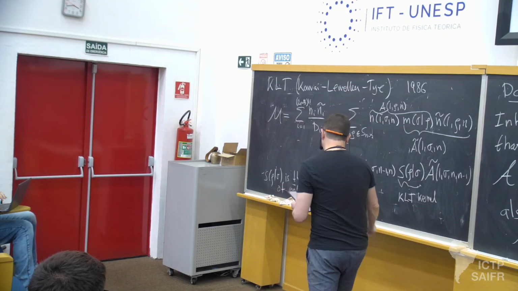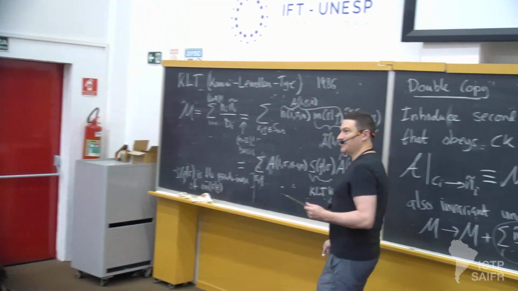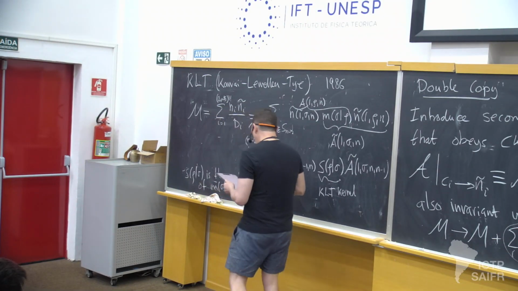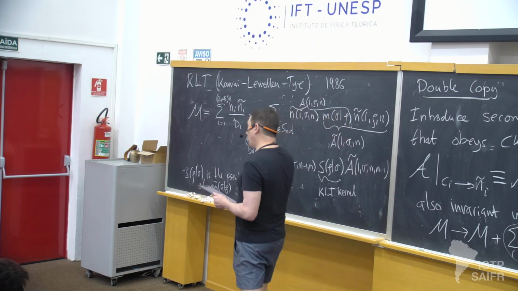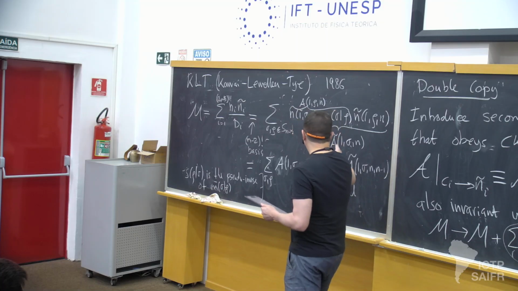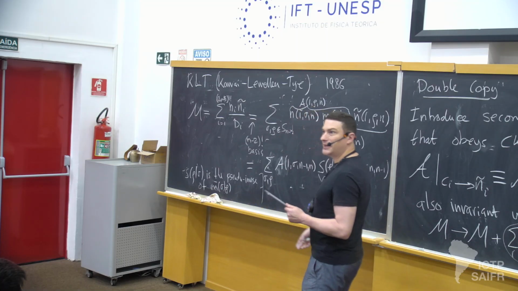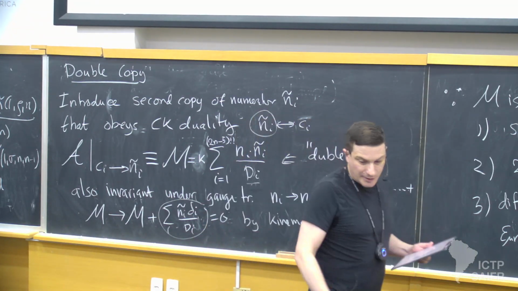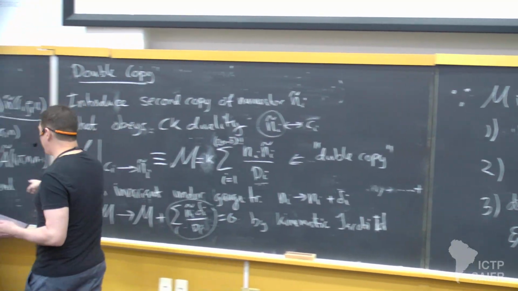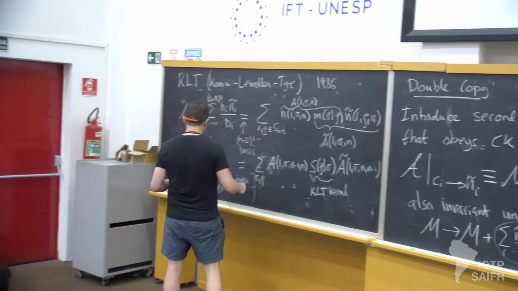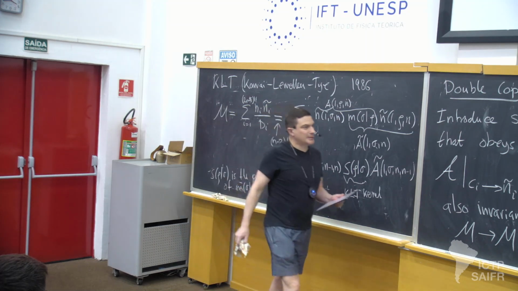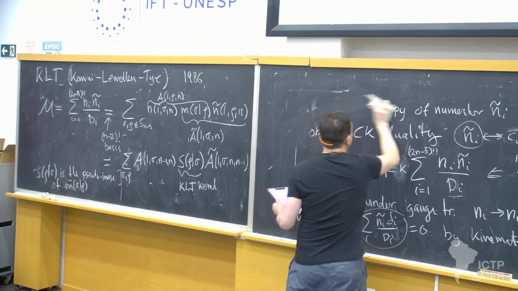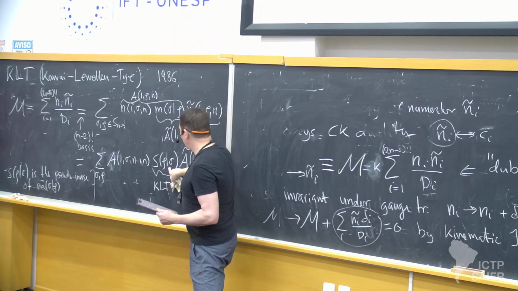Let me not write down a formula for it, because pseudo inverses are not that well defined. That means that there are many of them. But the point is that if you multiply the pseudo inverse with the thing you're trying to invert, then you get identity. So that's the definition. I'm presenting it in a backwards way, of course, because KLT did this work in '86, although they didn't write down this KLT kernel for general multiplicity. That was done much later. But it was still written down before this was written down.